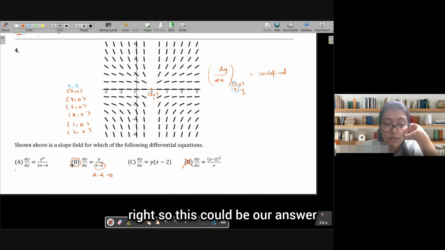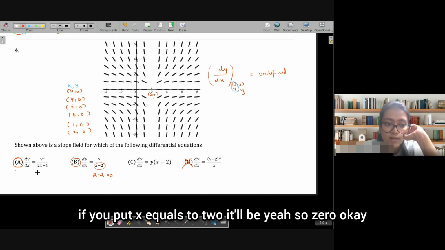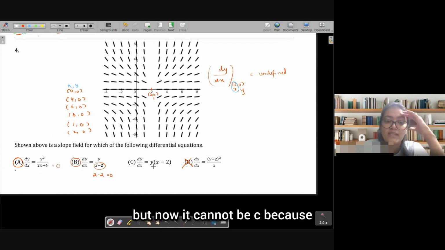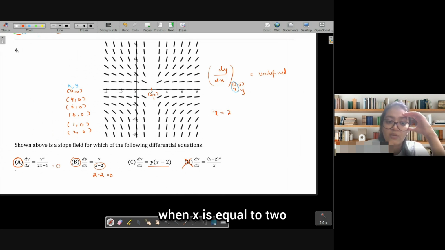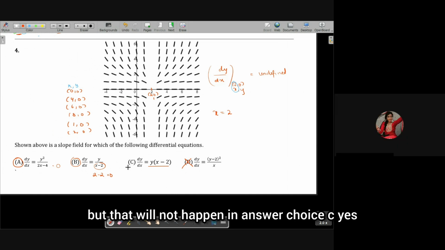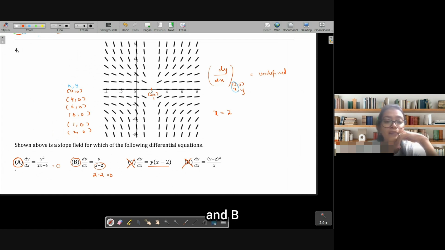So this could be our answer. But even in answer choice A, we have 2x minus 4. If you put x equals 2, you'll get 0. But it cannot be C because we want the denominator to be 0 when x is equal to 2, but that will not happen in answer choice C. So we have narrowed it down to A and B.